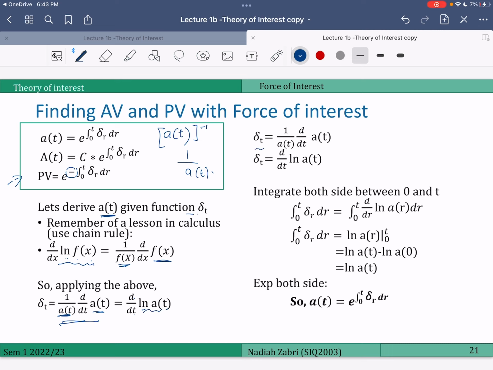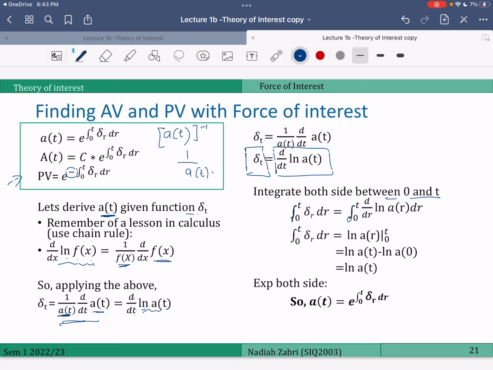So now we know this relationship already. Delta equals the differentiation of ln a(t). If you integrate both sides, between 0 and t, this is what you get.